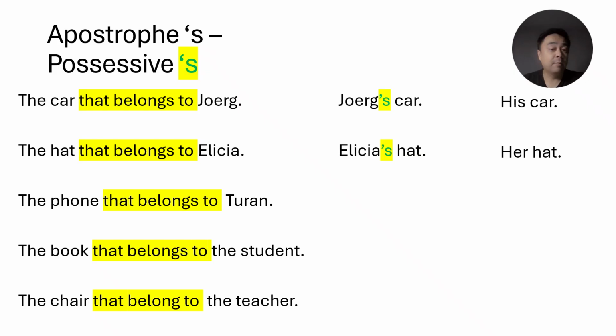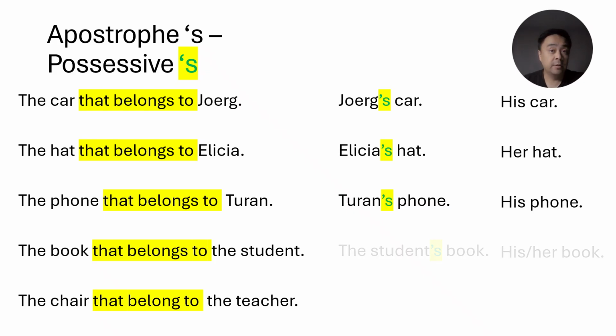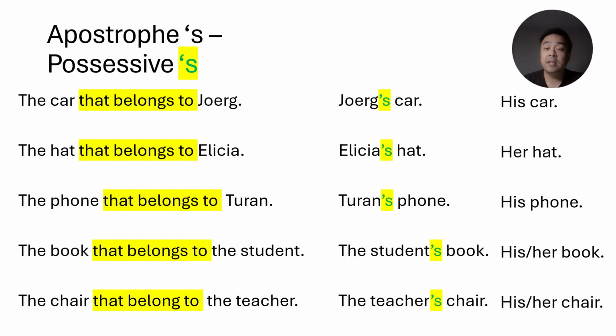The phone that belongs to Turan: Turan's phone. His phone. The book that belongs to the student: the student's book. His or her book. The chair that belongs to the teacher: the teacher's chair. His or her chair.